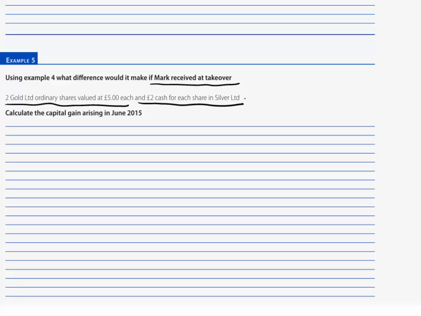Now, all we've got to do is repeat the exact same working as before. We list out the open market value of what we receive at the time of takeover, which is now a combination of ordinary shares and also cash. And we will then use those market values as a basis for dividing out the cost of the original shareholding.